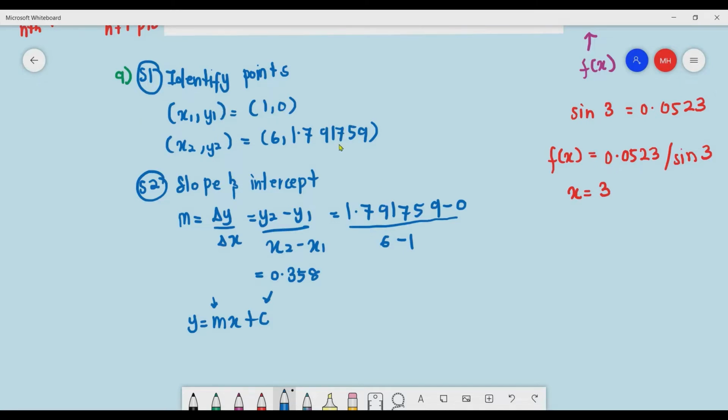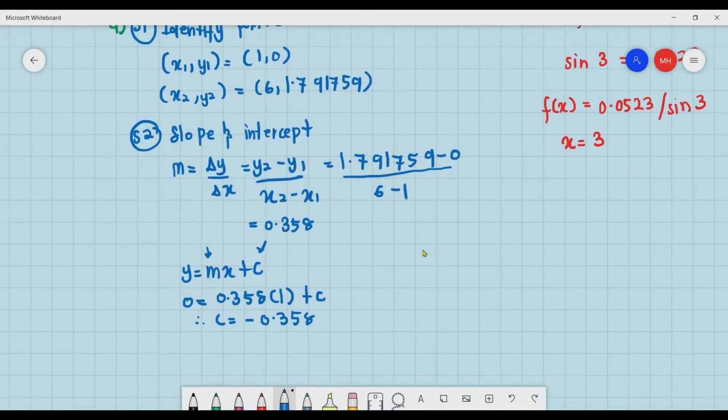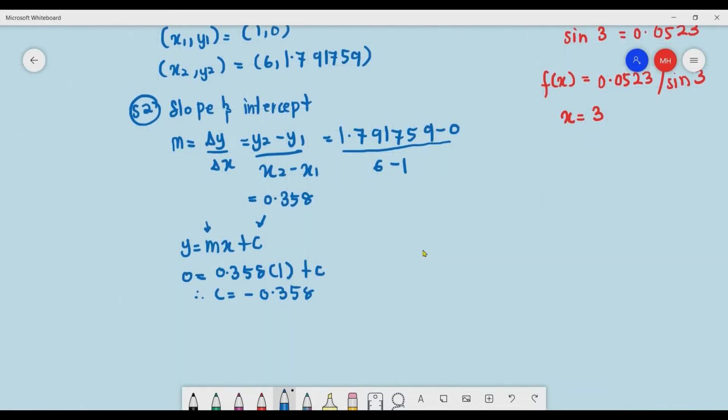I just take the first point here. I put 0 equals 0.358 times 1 plus c. Therefore, c equals negative 0.358.